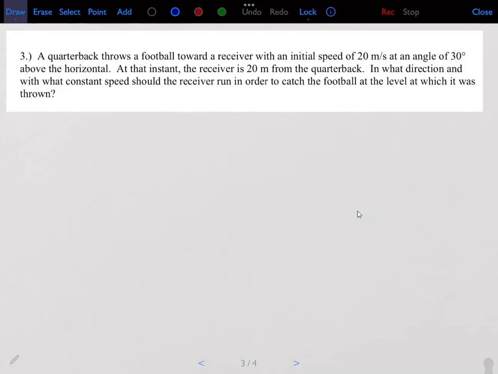Great. We need to definitely draw a picture to see what's going on here. Let's say this level is the level that the football is thrown at. We know it's thrown with a velocity of 20 meters per second, and we know this angle was 30 degrees.